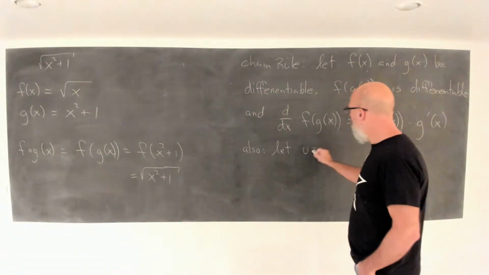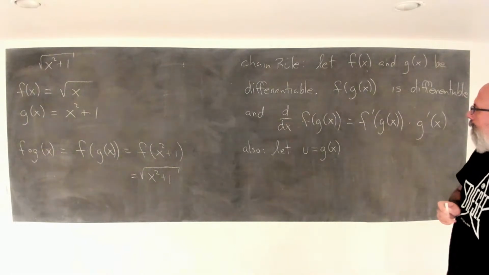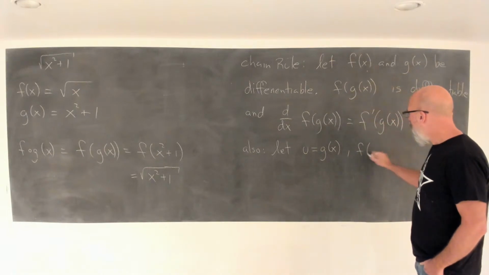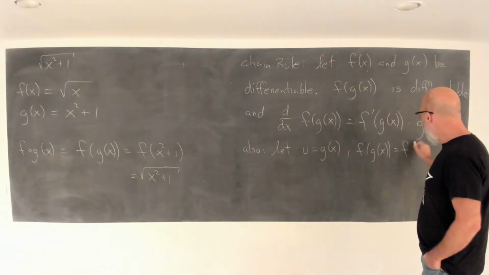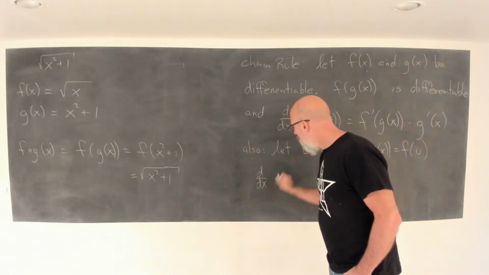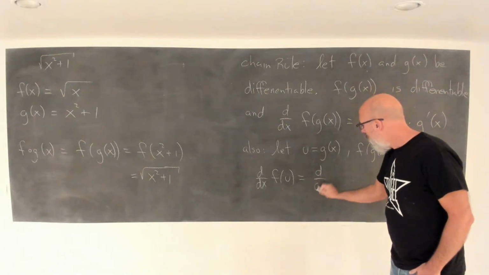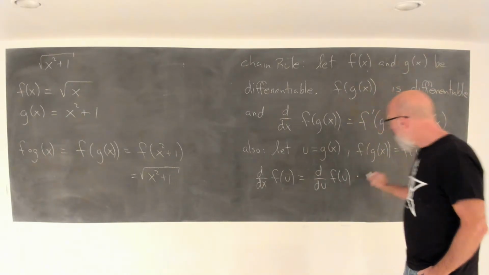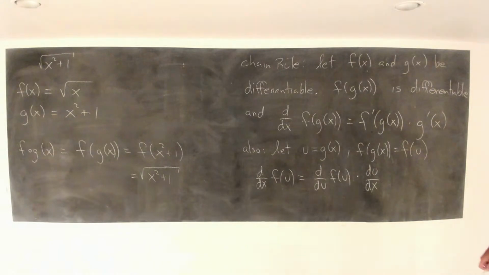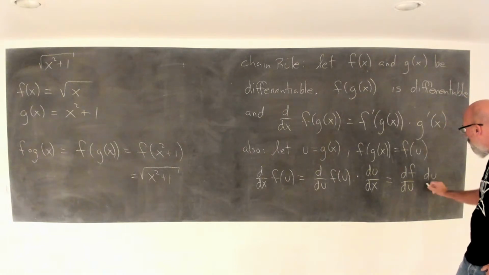If we let u be g of x, then f of g of x is really f of u, and d by dx of f of u is d by du of f times du dx, or df du du dx.